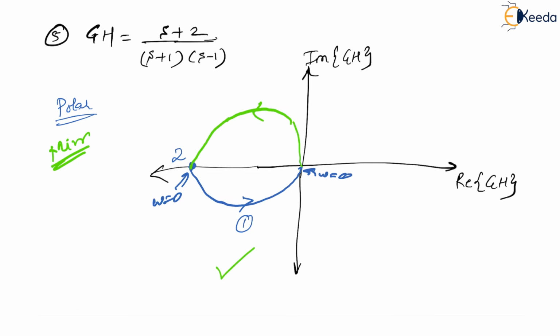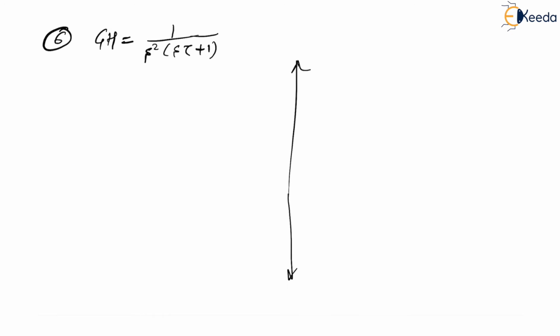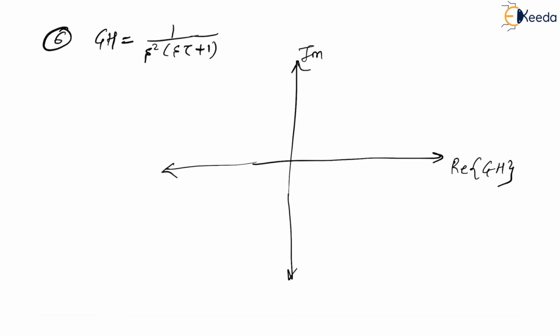Let us take some more examples. Step 1 is what? To draw the polar plot. Let us draw the polar plot. If you see, for 1 upon s squared into (sτ + 1), we have seen that the plot comes out to be like this, wherein this is omega equal to 0 and this is omega equal to infinity.